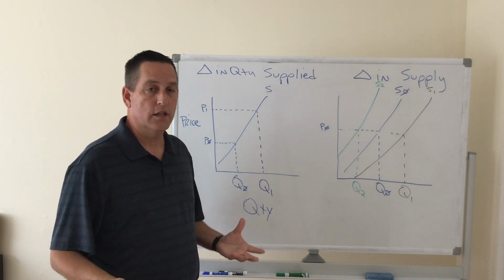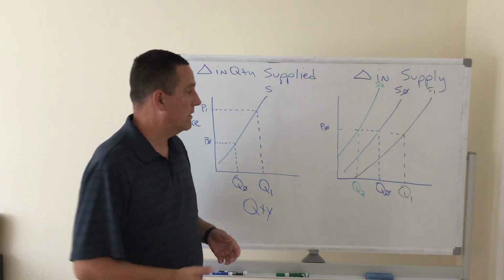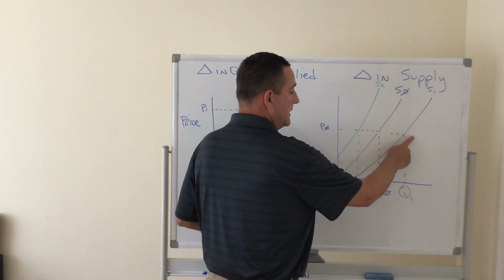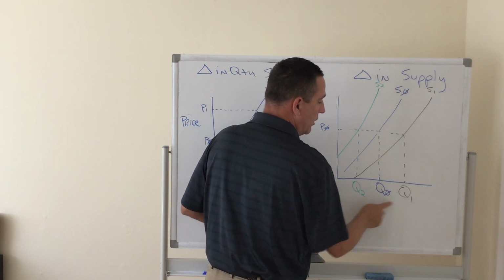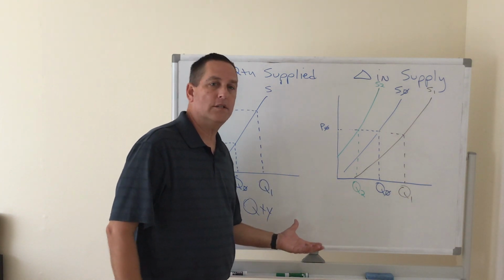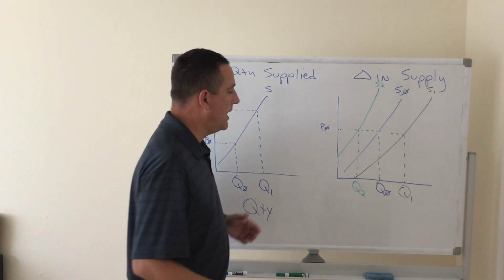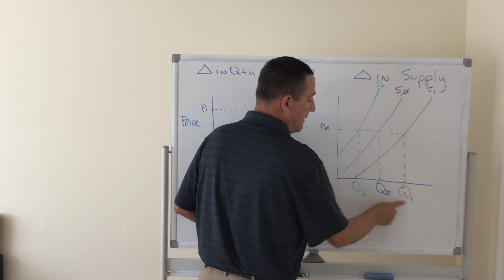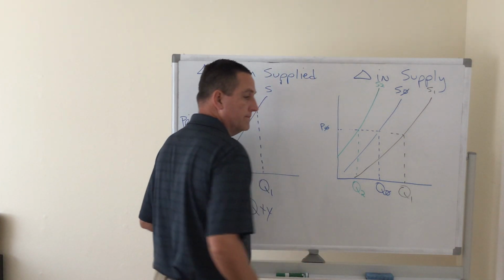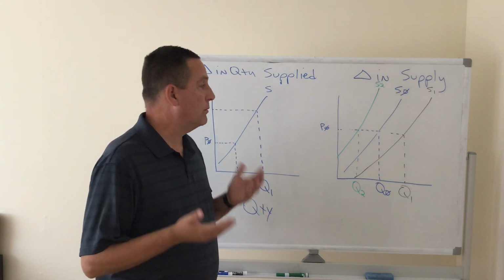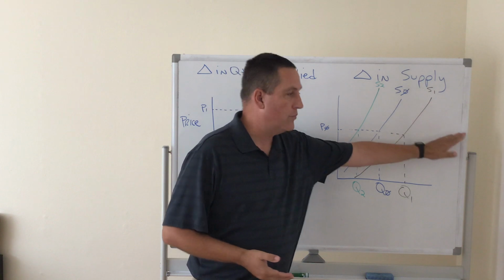With that technology, that improvement in technology, would it allow me to be willing to supply more lawns? Yes, I'd be willing to supply more lawns even at the same price. You're still only paying me $5 a lawn? No problem. I've got a gas-powered mower now, so I'll work faster and I'll be willing to supply more. Okay? So technology, like productivity, almost always shifts the curve to the right.